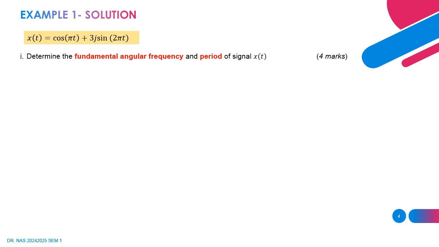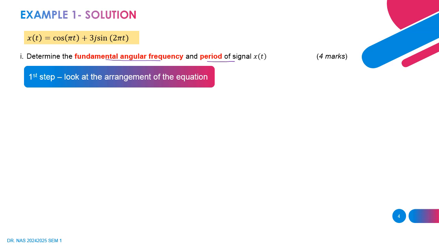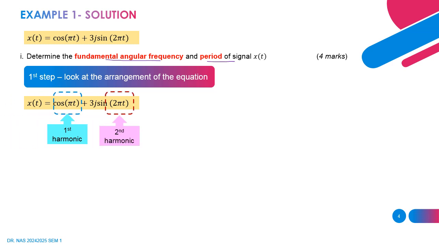Okay, the first question asks you to get the fundamental angular frequency and also the period of the signal. So to start with, you need to look at the arrangement of the equation. Usually the first component will give you the first harmonic, followed by the second harmonic, and so on, if you have a third harmonic, fourth harmonic, and so on.